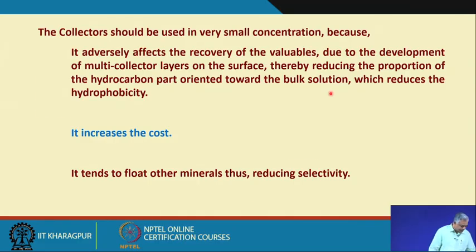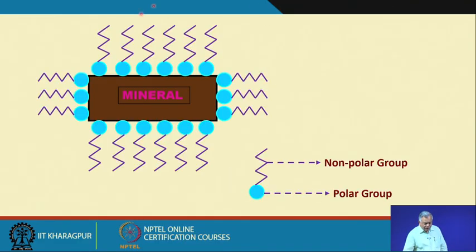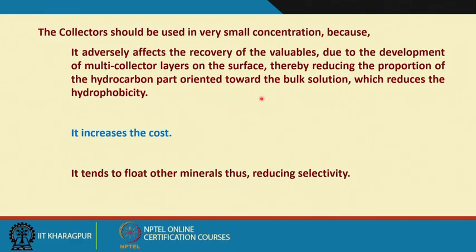When I have more of this collector, the polar and non-polar groups will be randomly distributed, projecting into my fluid phase. So, the selectivity of the mineral surface towards the bubble will be lost, and therefore the recovery will be lost, and you will unnecessarily incur cost for excessive chemicals.